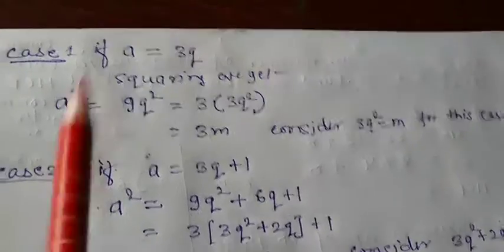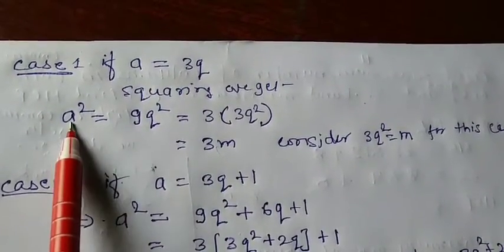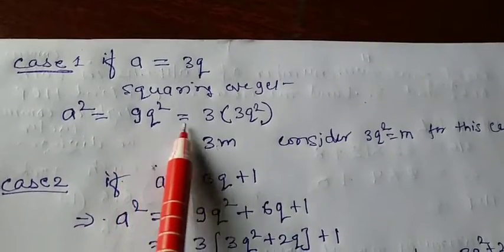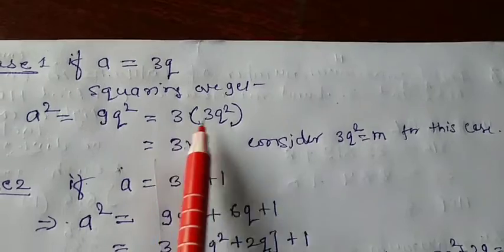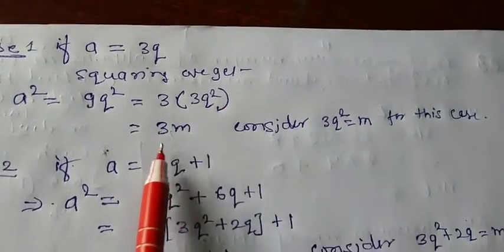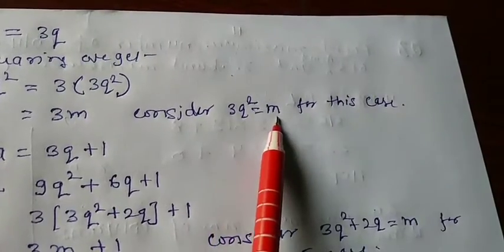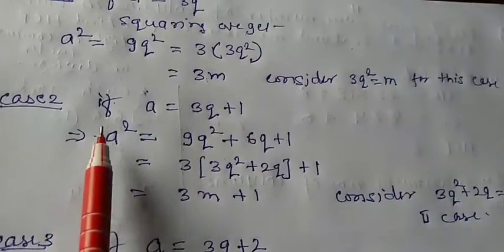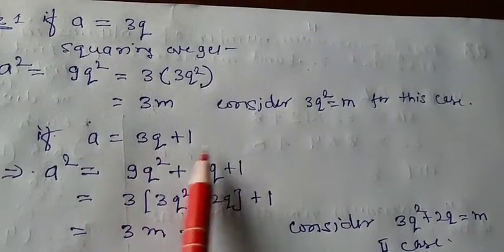Let's see case number 1. a is equal to 3q, and if we square it we get a square equal to 9q square. So we can write it as 3 into 3q square, which is 3m, where 3q square is equal to m for this case. Now in the second case, a is equal to 3q plus 1.